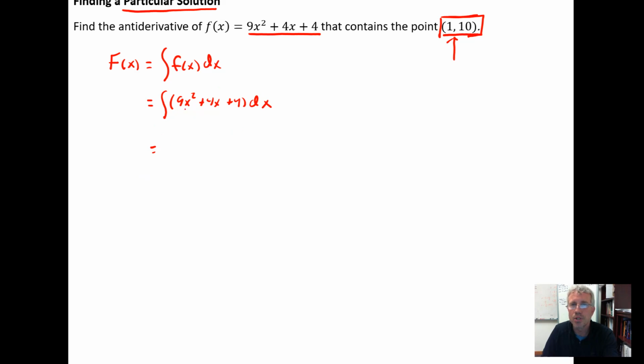So this first term, 9x squared, is really 9 times the integral of x squared dx plus, there's that constant multiple times x, so we get 4 times the integral of x dx plus a constant 4 times the integral of dx, and then we just integrate.